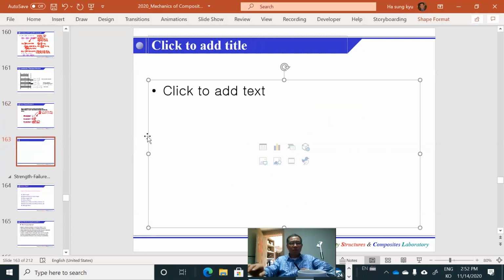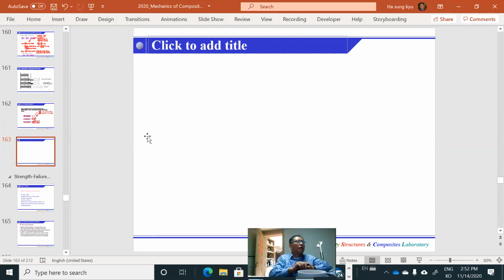Well, everything is important, but let's take a look at a problem statement. Say we have a laminate, any laminate, any layup sequence. Now, we increase the delta T. Somehow it may be due to a curing process, or we may have an environmental effect. No matter what, we have a delta T. Then what will happen?